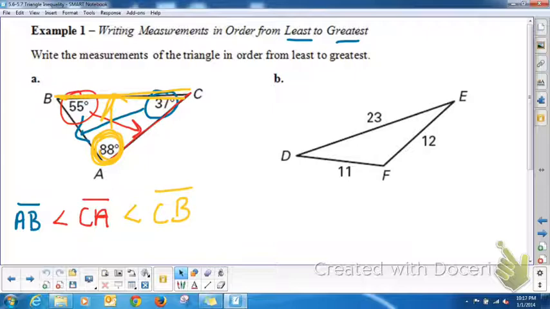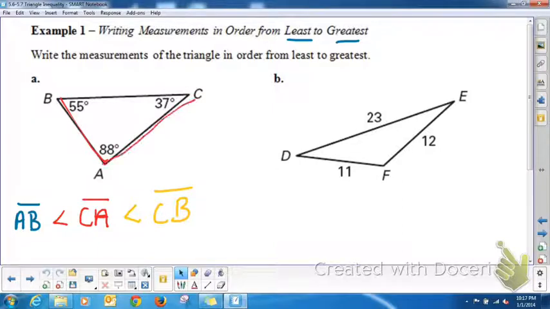So segment AB is the smallest because it's across from the smallest angle. So AB is the smallest. Then AC, because it's across from the next angle. And then CB or BC.